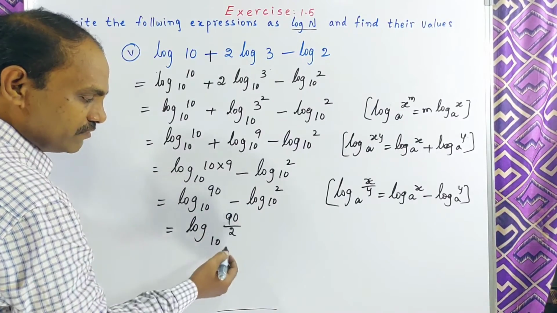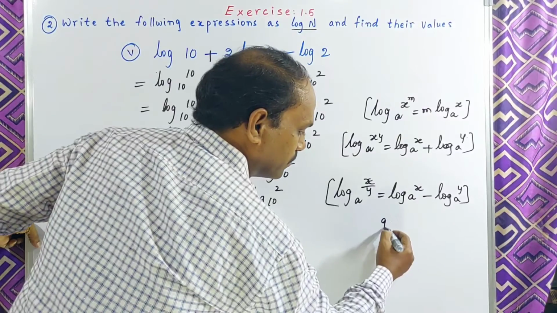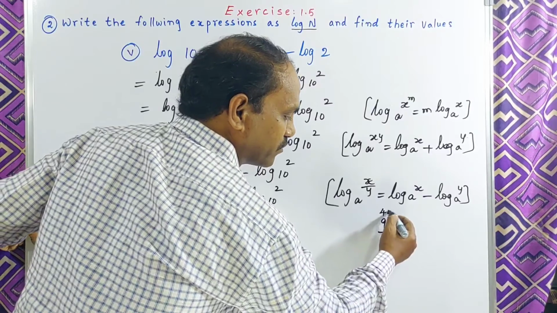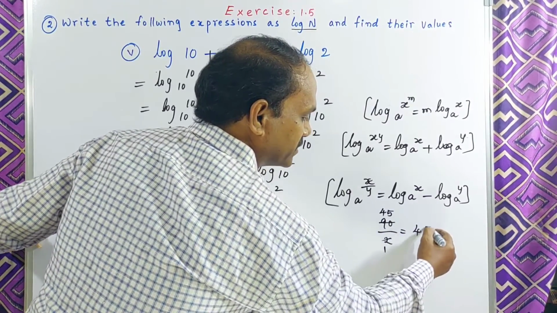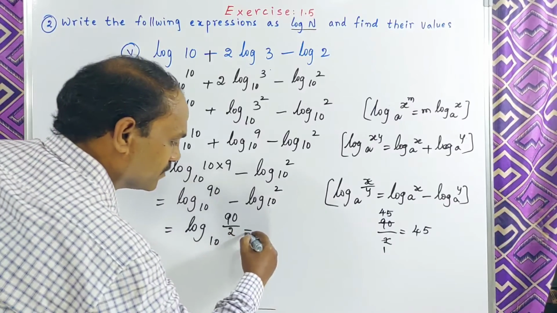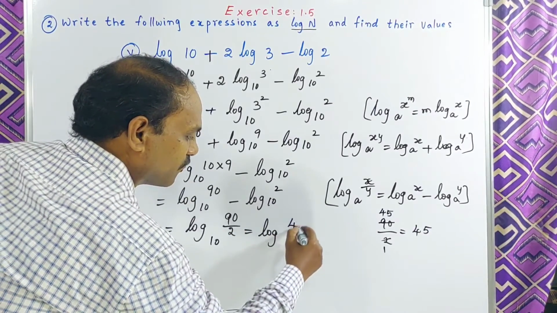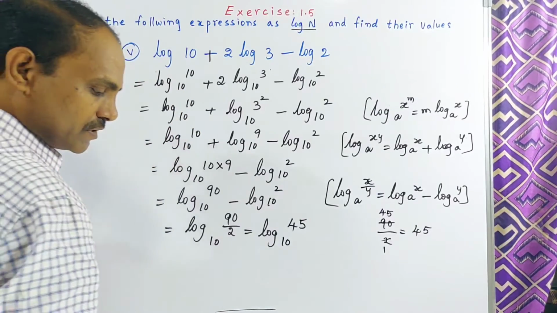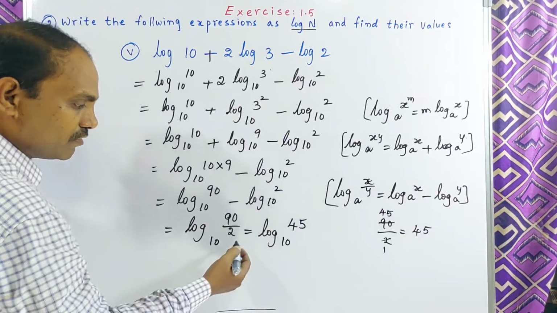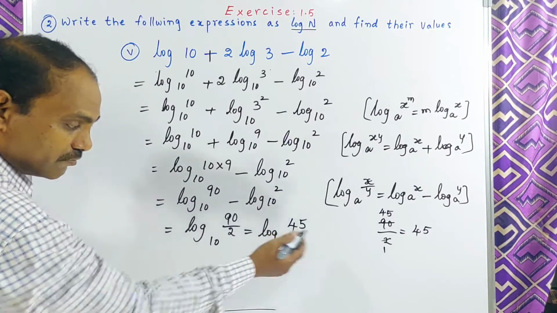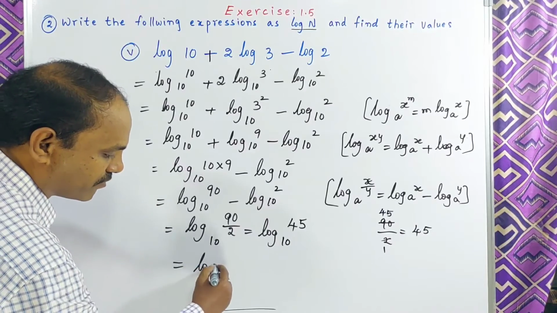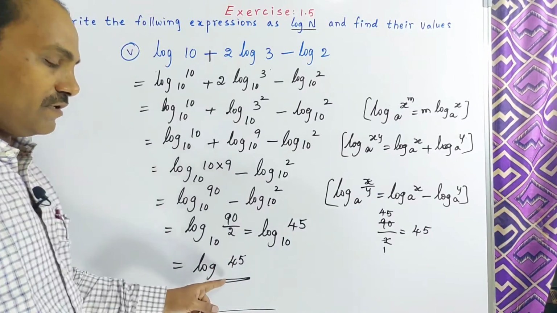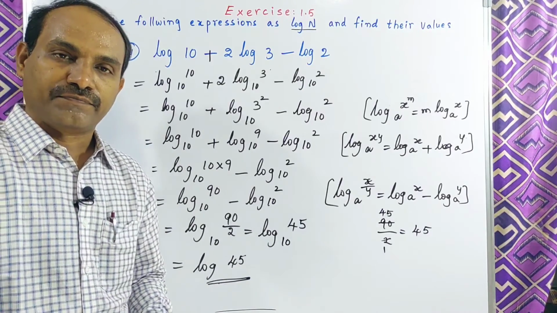When you divide 90 by 2, we get 45. You should write this value, log 45 to the base 10. Now you can write this 45, or you can remove the base also, log 45 only. This one is also correct and this one is also correct. Is it understood?